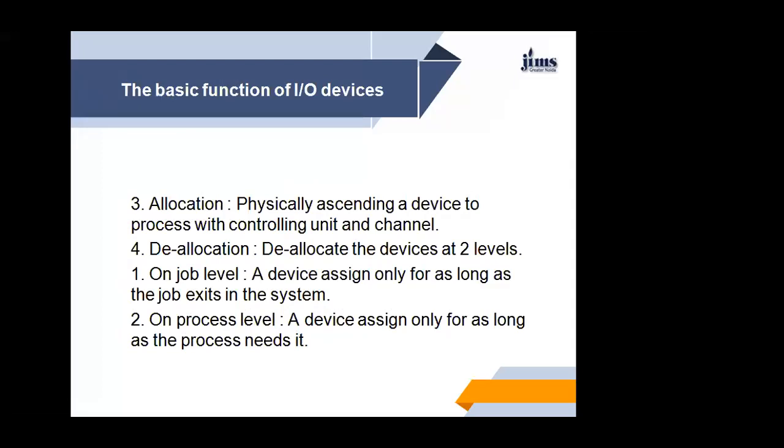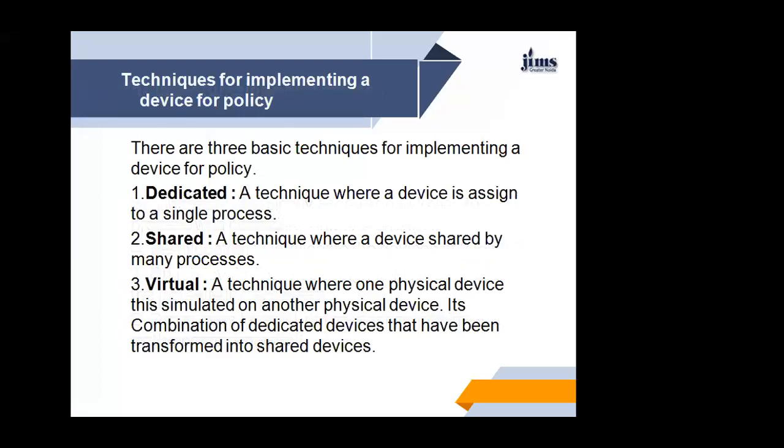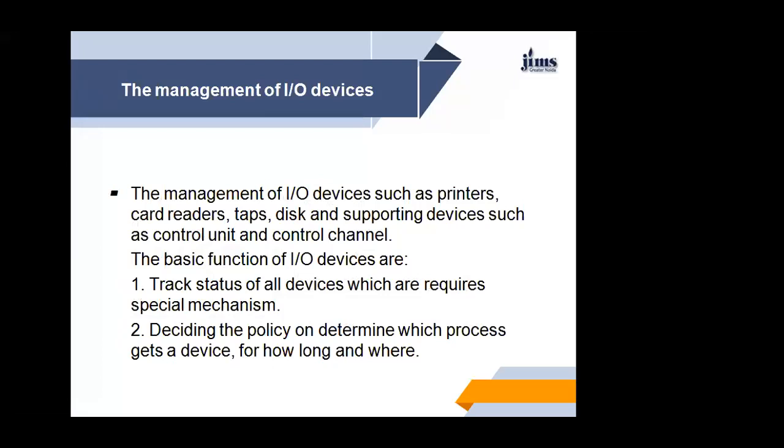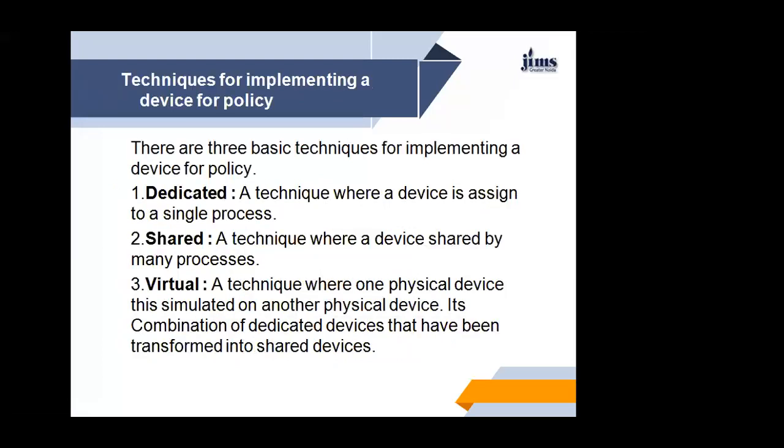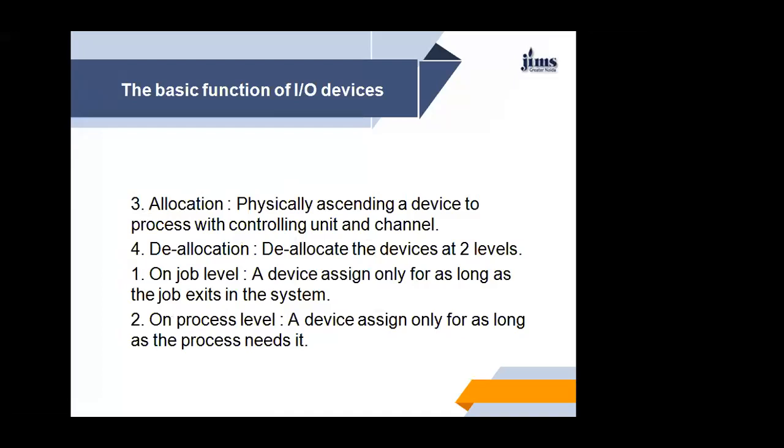Now the basic functions of input output devices. One function is to track the status of all devices which are required, deciding the policy, and the third one is allocation, meaning allocation of resources.